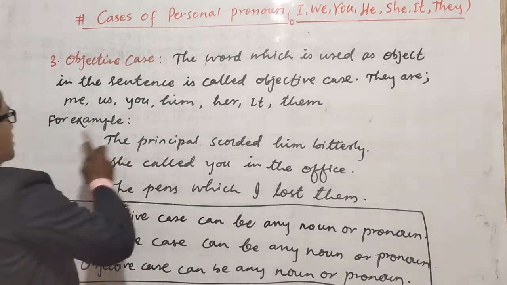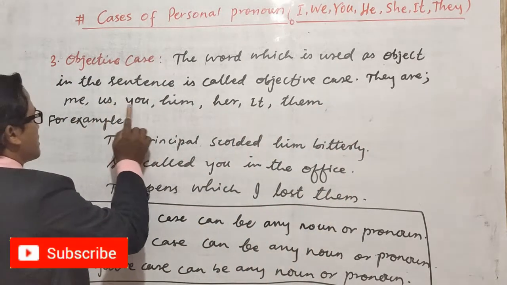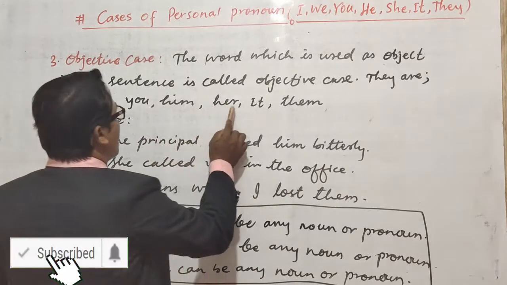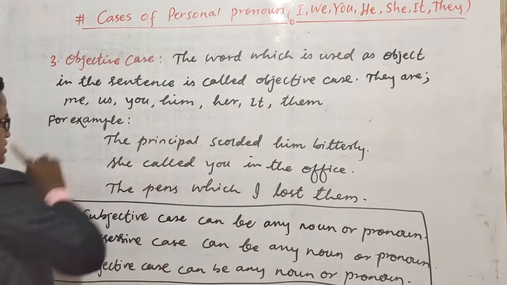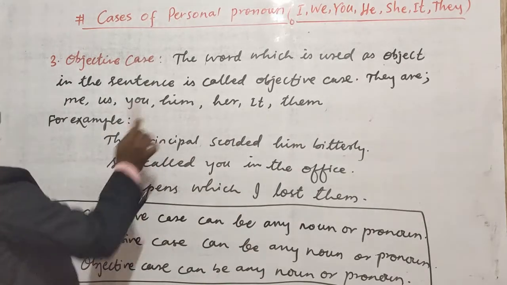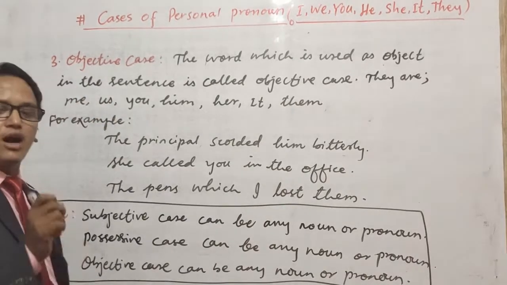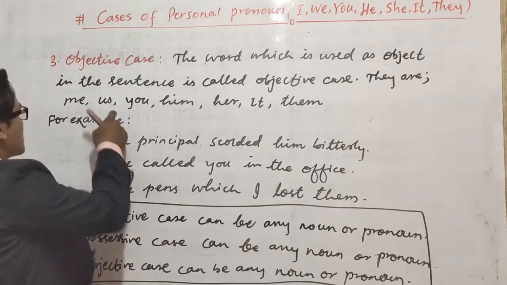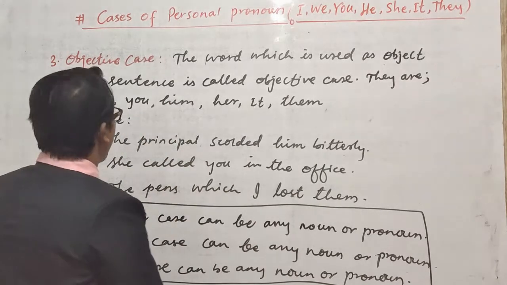You can see the personal objects are me, us, you, him, her, it, them. These are personal object pronouns. It means these words are used as object in the sentence. Always they function as object in the sentence.